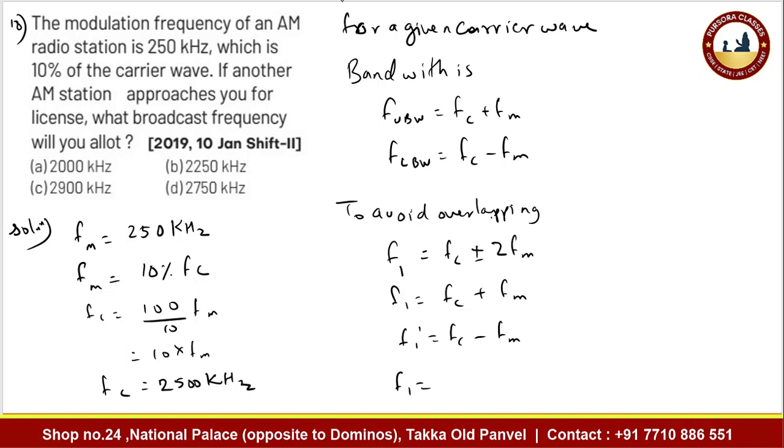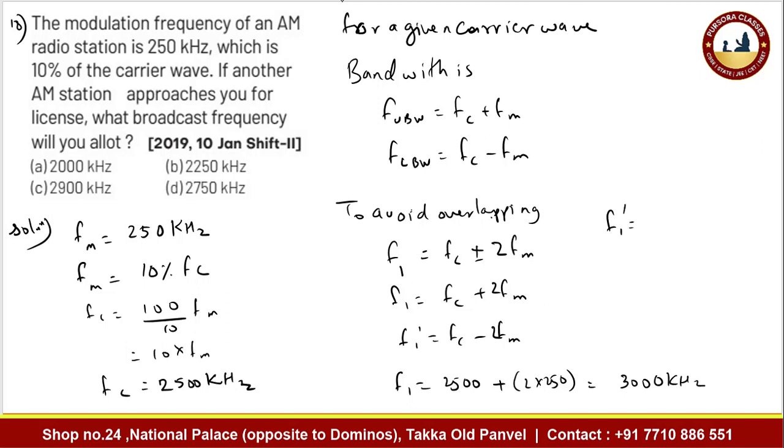So F1 will be FC, which is 2500, plus 2 FM, that is 2 into 250. So that will be 3000 kilohertz.